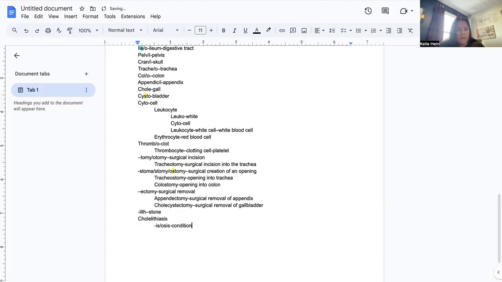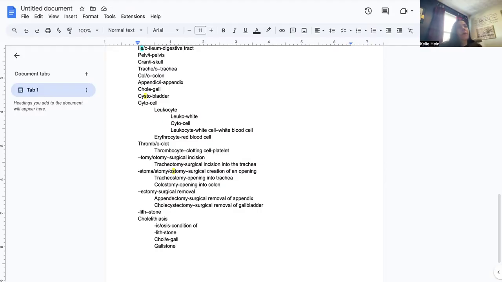Condition of. Okay. Lith is stone. We're going to go with gall. Okay. So what have you got? Gallstones. This is gallstones. Okay. Or a condition of stones in the gallbladder, but they're housed in there.